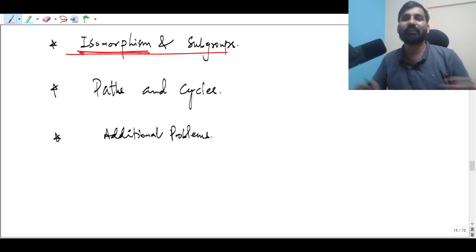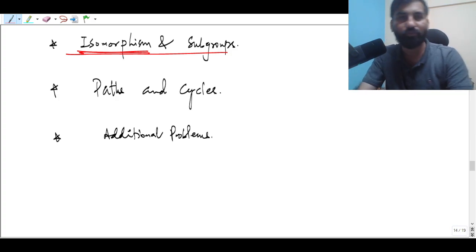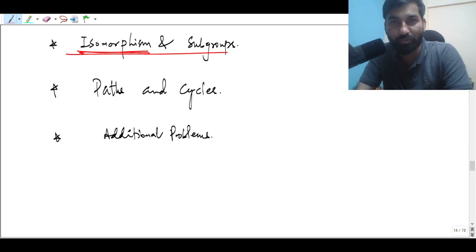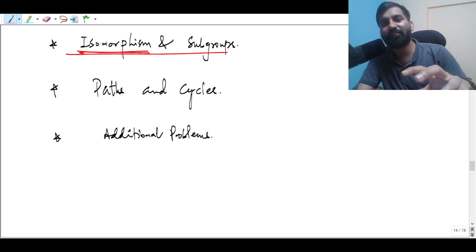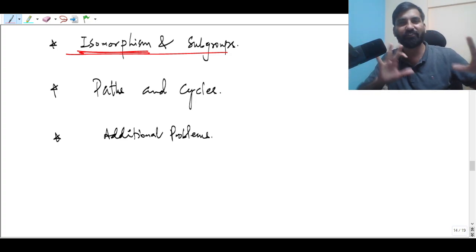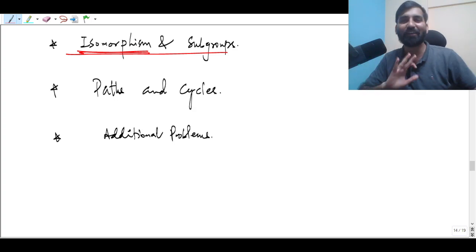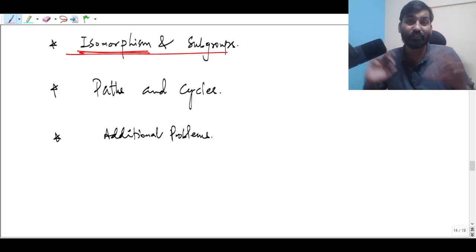In your GATE examination also they will ask whether two graphs have the isomorphism property or not. What is the meaning of isomorphism? Isomorphism means same graph drawn differently. Both graphs are going to be the same, but drawn differently. So you might think that these two graphs are different, but no.